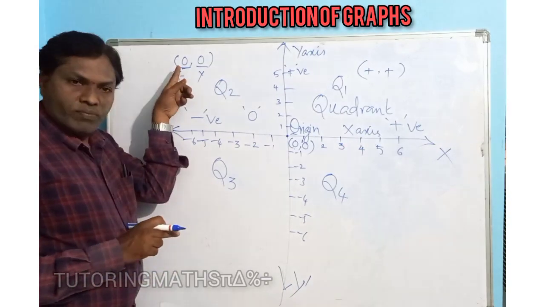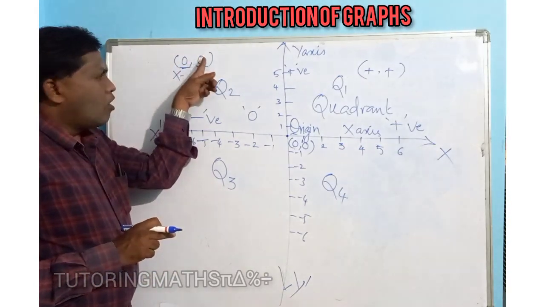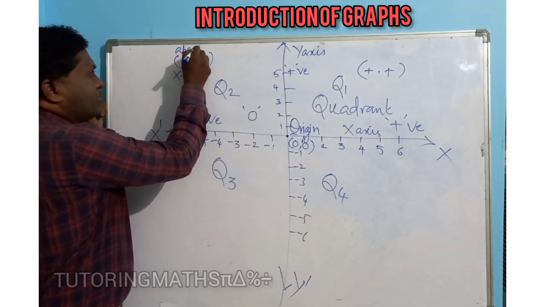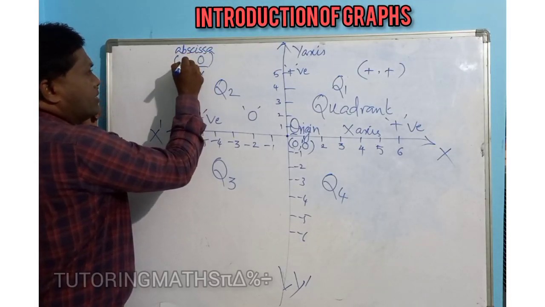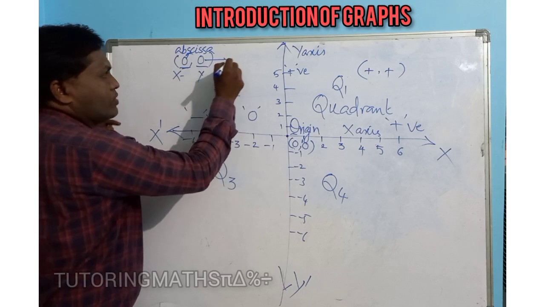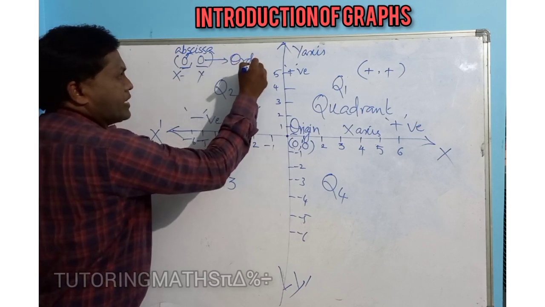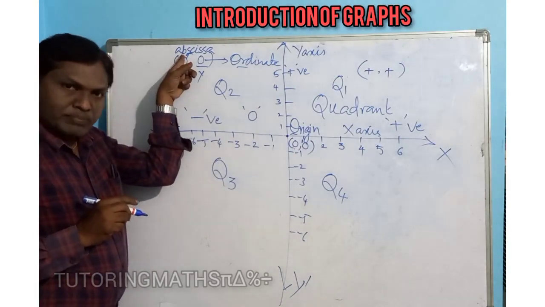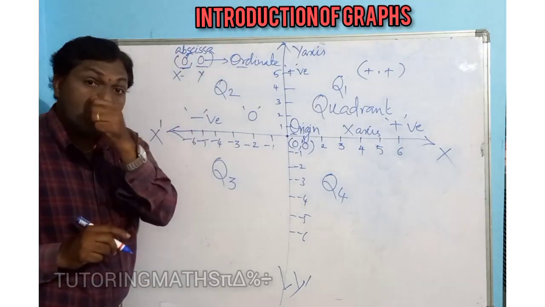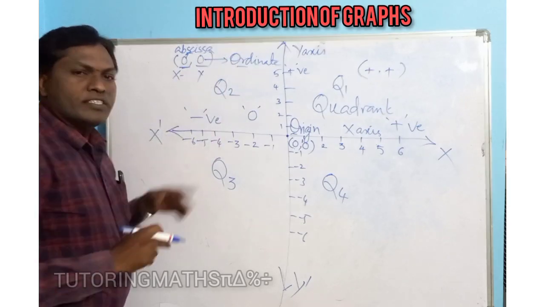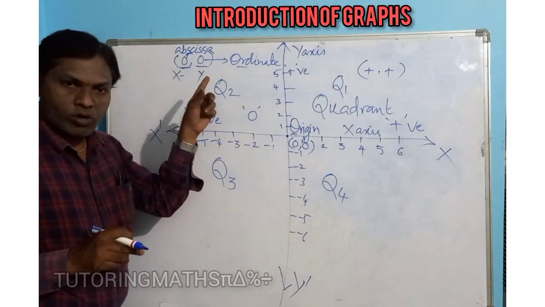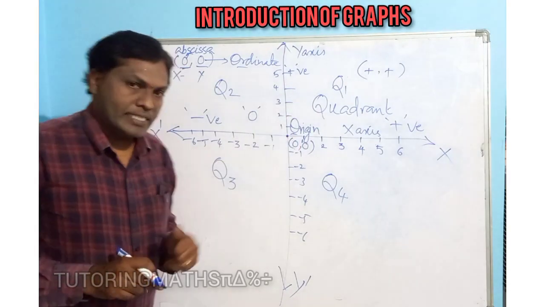The x value is also called the abscissa and the y value is called the ordinate. And now this is the form of a point. A point can be denoted by 0, 0, which is called the origin.